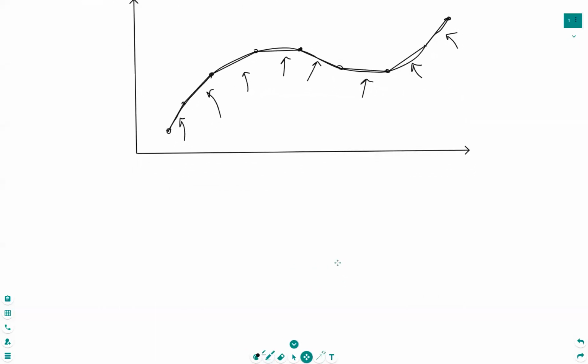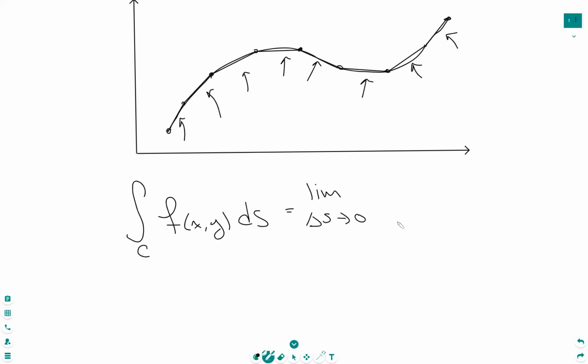And of course, if we make those smaller and smaller and smaller, we get a better approximation until in the limit, if our path C is smooth enough and the limit exists, we end up saying that the line integral over C, f of x, y, ds is equal to the limit as the change in s goes to 0 of the sum i equals 1 to n of our approximation.